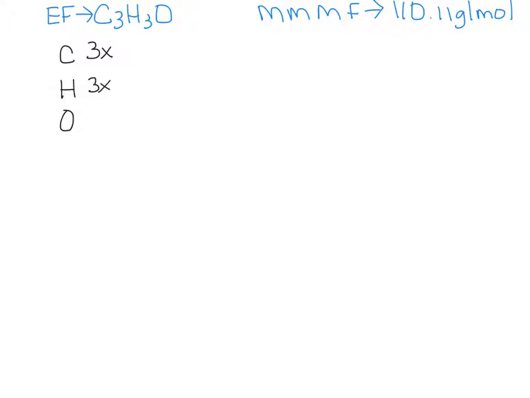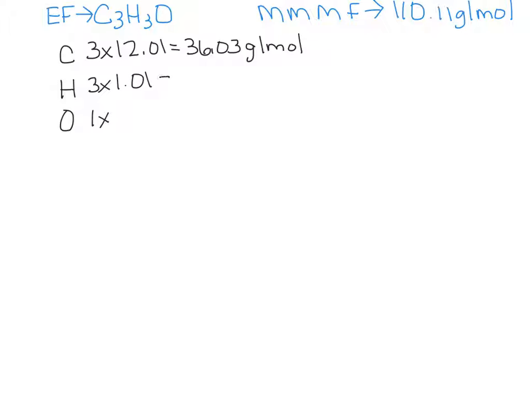So there's 3 carbons, 3 hydrogens and 1 oxygen. And then we're going to multiply that by their atomic mass. So we're going to get that information from the periodic table. So when we look at carbon, we see its atomic mass is 12.01. So we get 36.03 grams per mole.